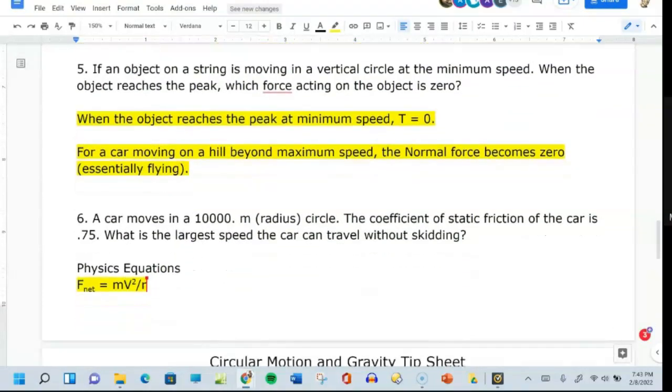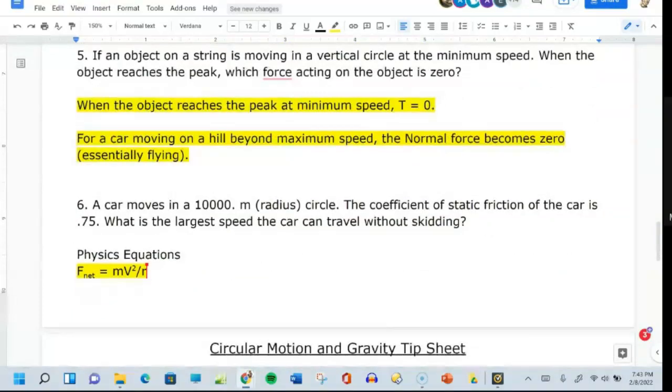For a car moving over a hill at a maximum speed, if you exceed a certain speed, your normal force will be 0. You're not really leaving the ground. You could technically stay on the ground, you're just feeling no pressure from the ground. You probably have experienced that being in a car going over a hill. You feel a little lighter in your seat.